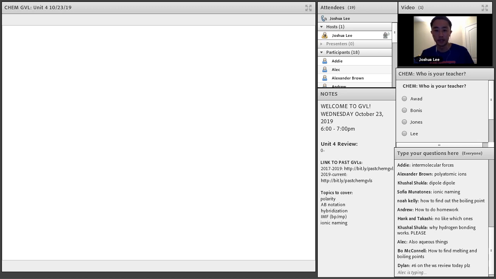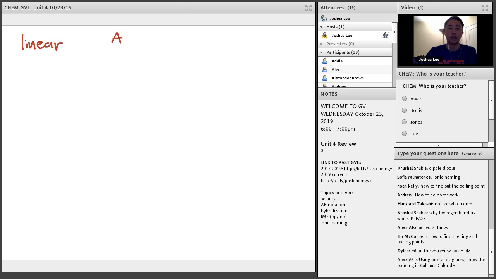All right, first thing, polarity. I guess before polarity, I'm going to go with AB notation. So real quick, with all the shapes, what you need to know, the shapes are linear. There are 2 ways to get linear. For the AB notation, it's AB or AB2. The bond angle is 180.